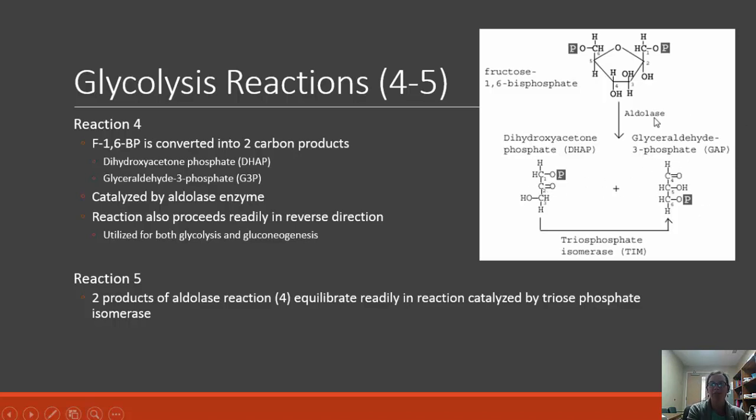But really what we want to end up with is this G3P, because that's what's going to make our reaction keep going. But you should know it breaks into 2 of these, and they can transform back and forth until we end up really with 2 G3Ps. So keep in mind now that we had 1 glucose molecule, but now we're down to 2 G3P molecules.